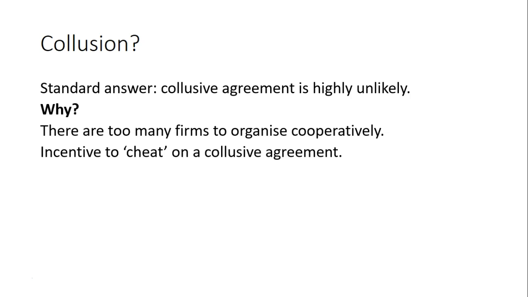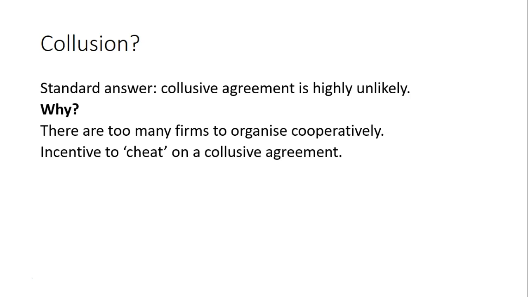Also, there's an incentive to cheat on a collusive agreement. Say a collusive agreement did eventually get organised somehow. Each individual firm has an incentive to produce more than they are supposed to, according to the collusive agreement. Because by producing a bit more and still selling at the collusive price, you'd make a larger profit.